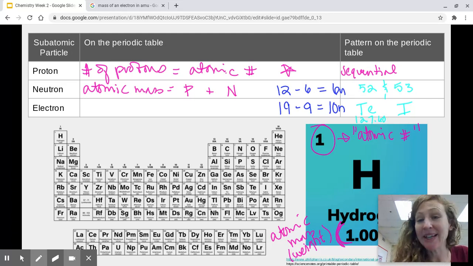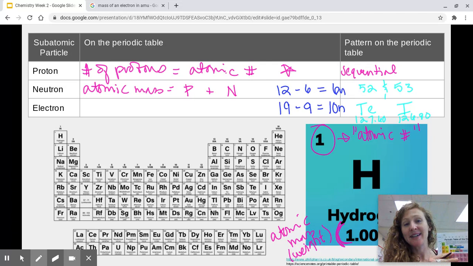If you look at iodine's weight, it actually doesn't increase. It decreases. So its average mass is 126.90. So the atomic weight on the periodic table does have kind of a pattern, but there are definitely exceptions. So the periodic table was not organized off of atomic weight, at least not our current one.